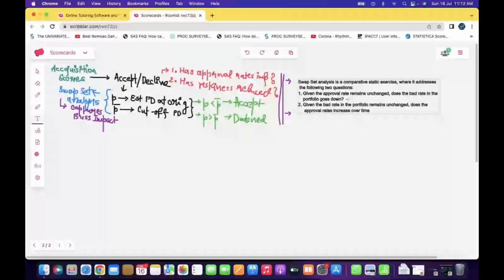So this is one of the most important impact analyses that we do once we have a certain scorecard. Once you score all your accounts in your data, let's say you are trying to design a pricing strategy, or a limit assignment strategy for your business, right?